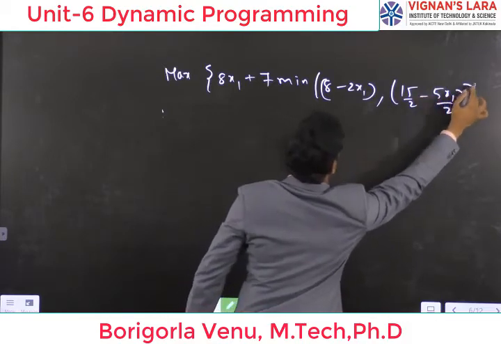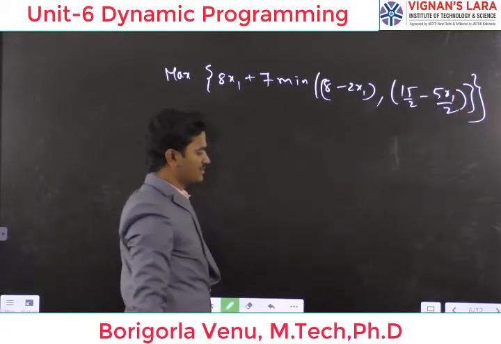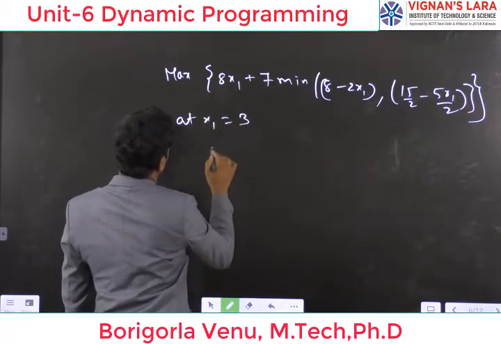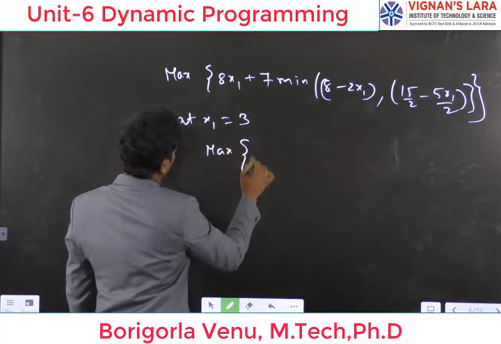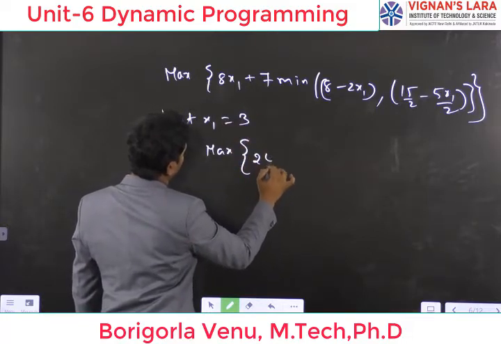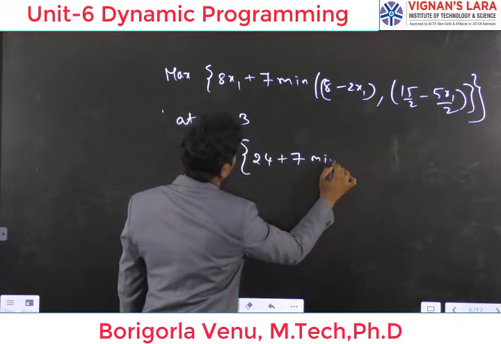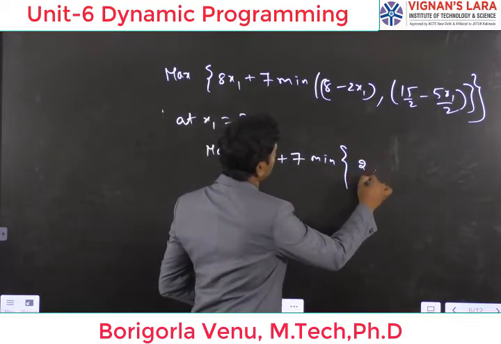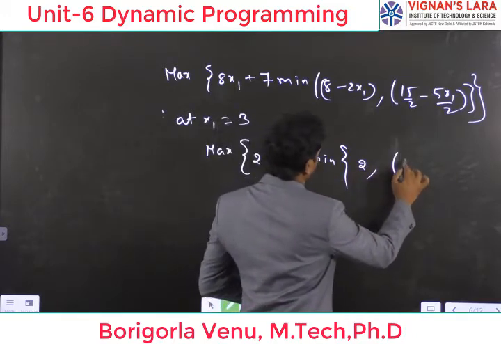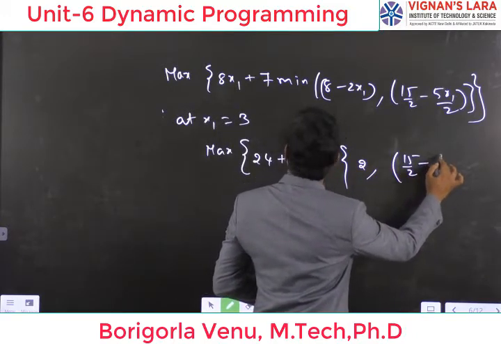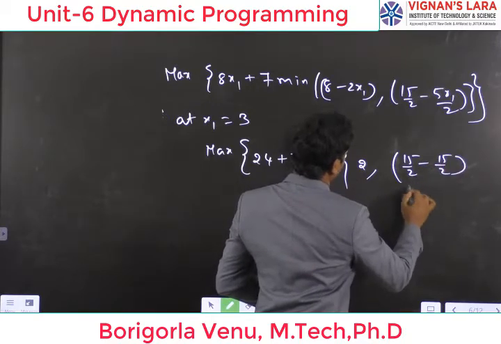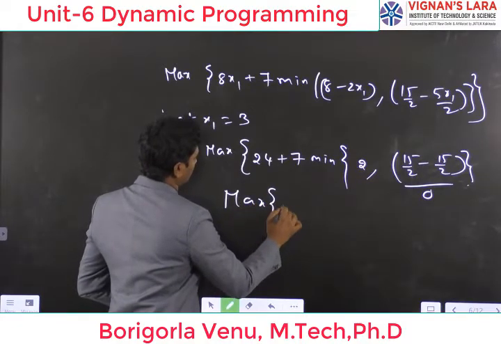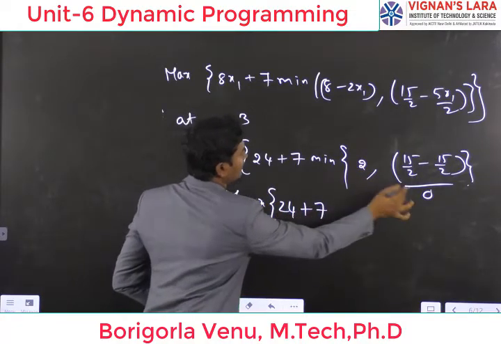Here we are going to substitute the x1 value, x1 equal to 3, in this equation. We get the maximum of 8x1, 8 into 3, 24, plus 7 into the minimum of, substituting x1 equal to 3, 8 minus 6, 2, comma 15 by 2 minus 5 into 3 by 2. From this we get 0.